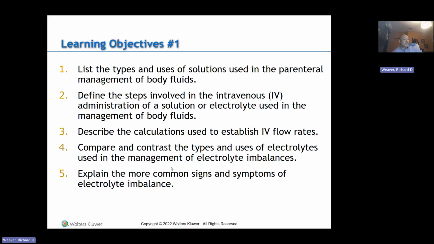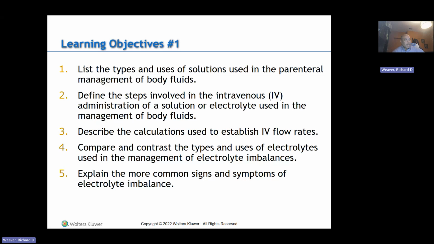List the types and use of solutions used in the parenteral management of body fluids. Define the steps involved in the intravenous administration of a solution or electrolyte used in the management of body fluids.